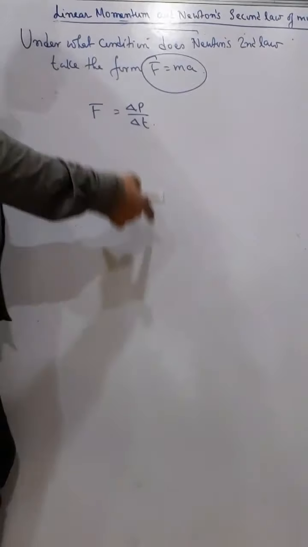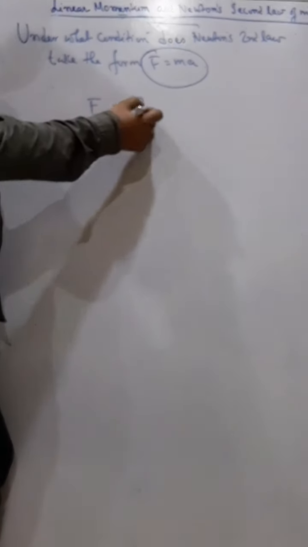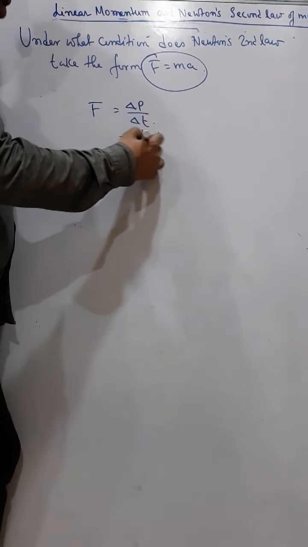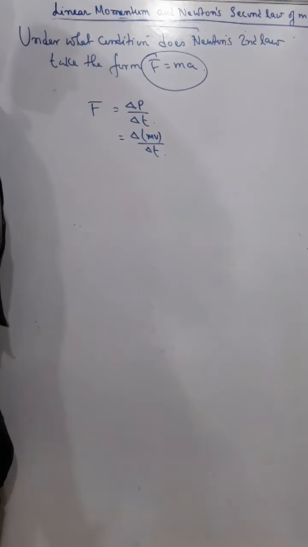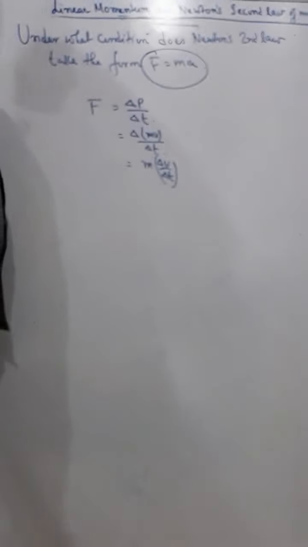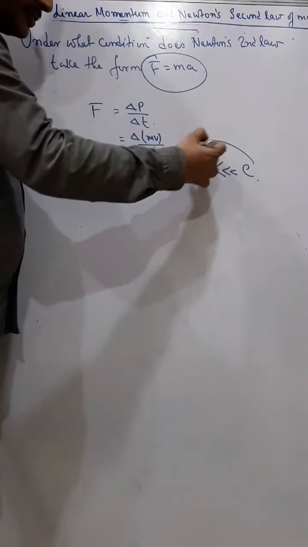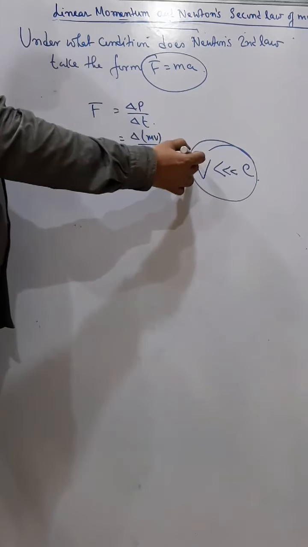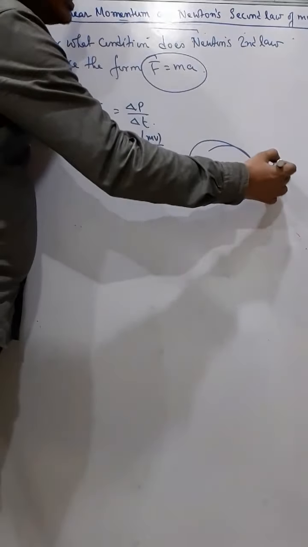Now k is equal to 1, we know, so directly, and this is m into delta v by delta t, this also we know, and m will come out, and delta v by delta t, because m is constant. That is the main thing. m is constant because the velocity of the body is much less than light. Now when the velocity of the body is much less than light, then only mass is constant.